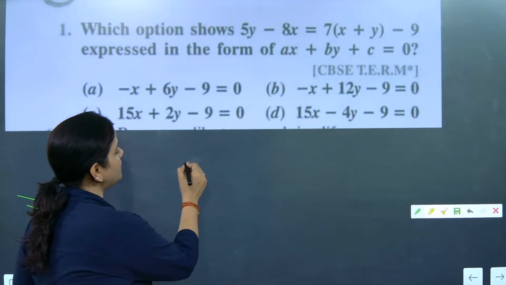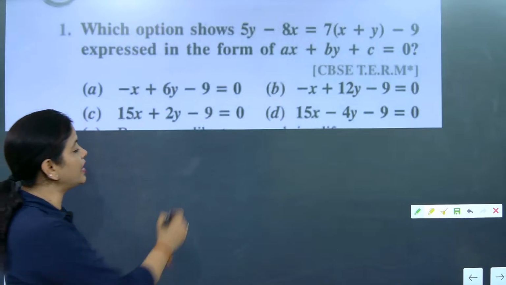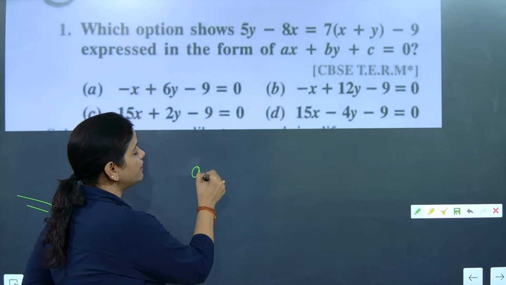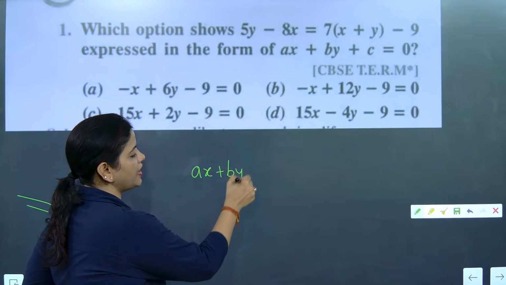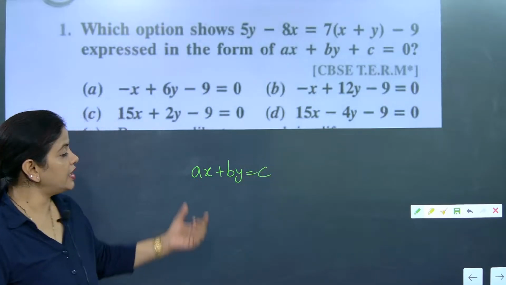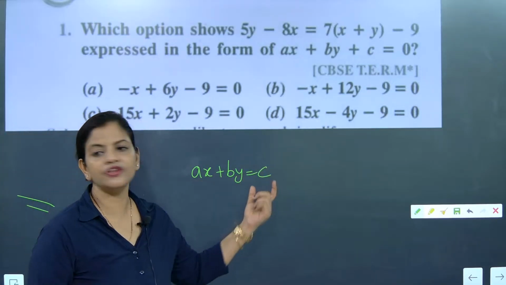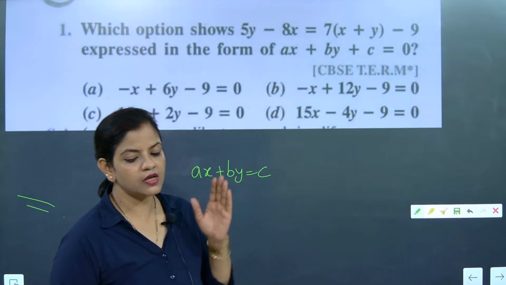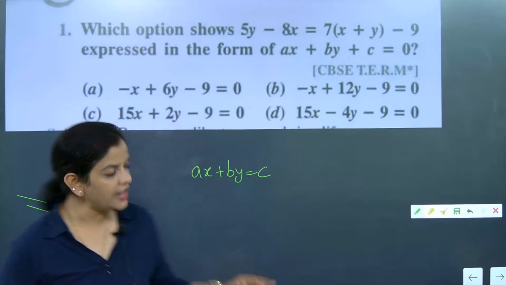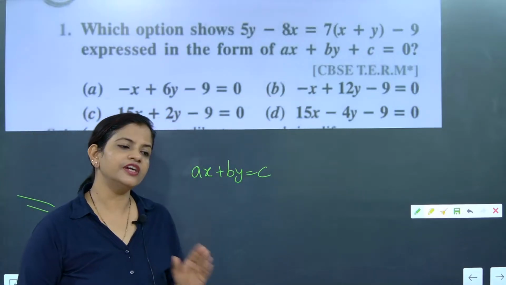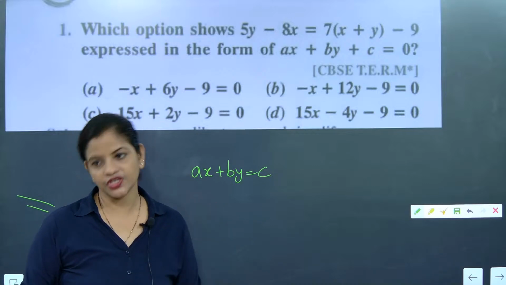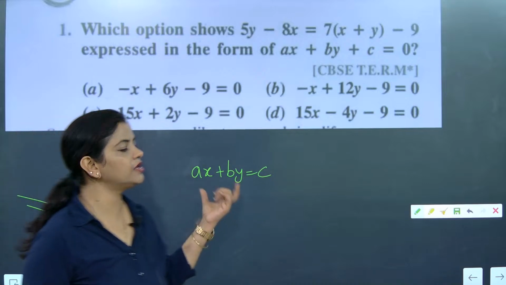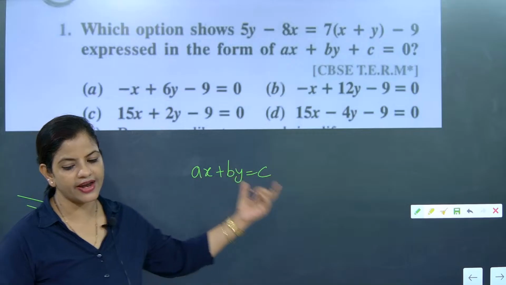First, I am writing an equation. Whenever I write an equation, it will become Ax plus By equal to C. So in an equation, the left side is always equal to the right side. We must understand this first. An equation has an equal to sign. Then it is called an equation. Understood? An equation will always have a left side and a right side.